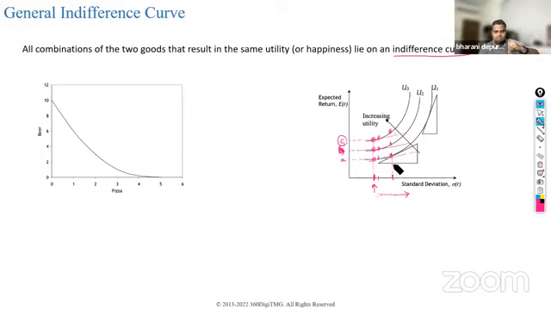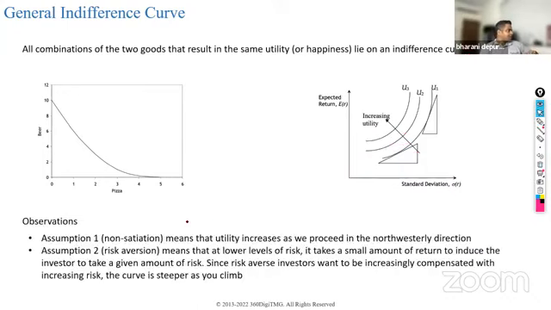If you pay me a huge return on investment, I'm going to take the risk. So if you move along the northwesterly direction, utility increases. Point number one.